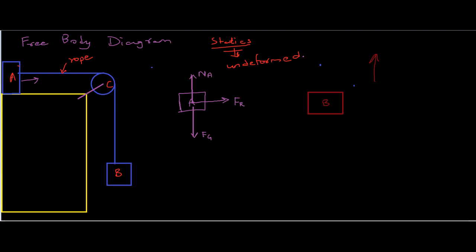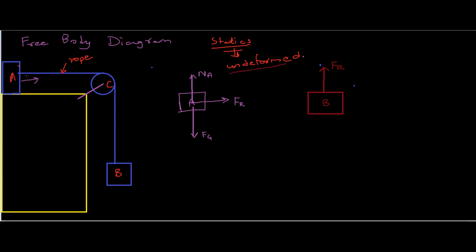The force exerted by the rope is going to be in this direction, and it's denoted as Fr. Now a very important thing: this Fr and this Fr, are they going to be the same or different? We mentioned at the start of the problem that the rope is undeformed.